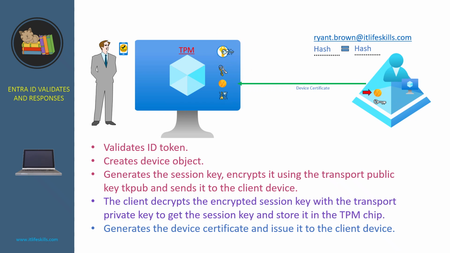The client decrypts the encrypted session key with the transport private key to get the session key and stores it in the TPM chip. Finally, it generates the device certificate and issues it to the client device.